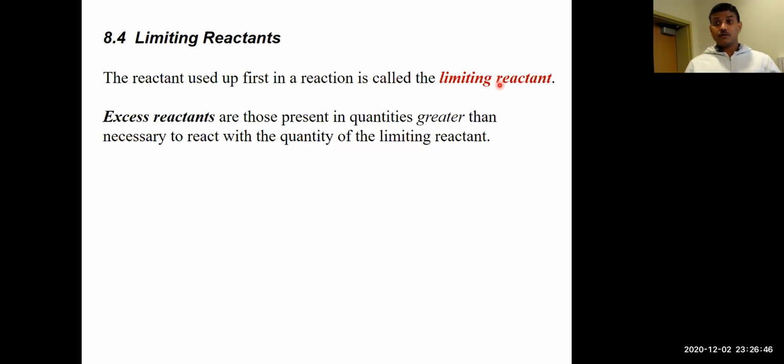So if you already used up one part of the necessary reactant, you cannot produce more of the product.